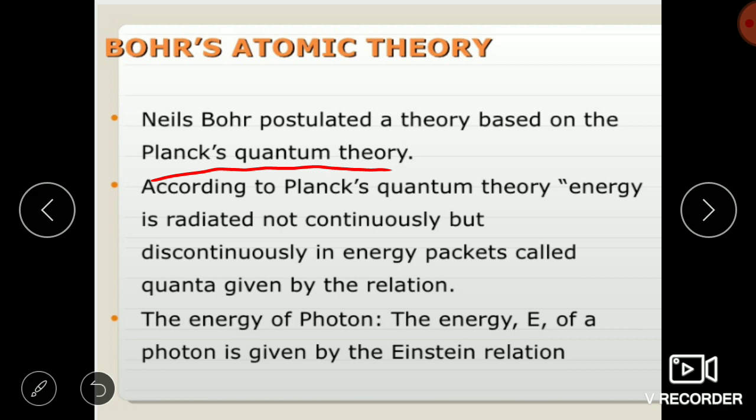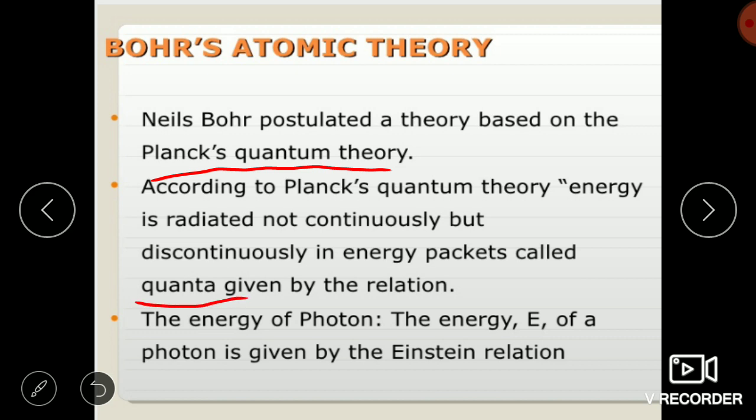Planck's quantum theory states that energy is radiated, meaning emitted, not in a continuous manner but in a discontinuous manner. When it comes discontinuously, it comes as small energy packets, and this energy packet of radiation is called quanta.